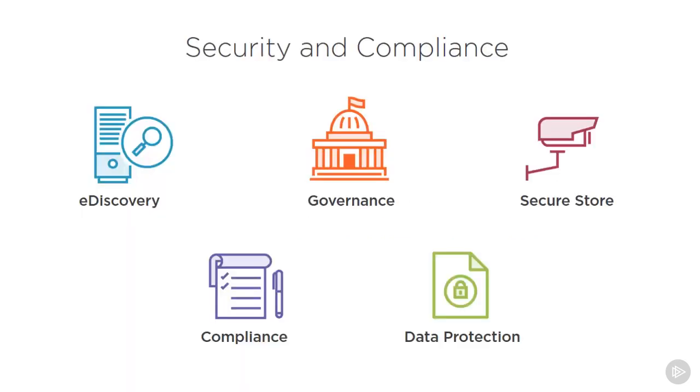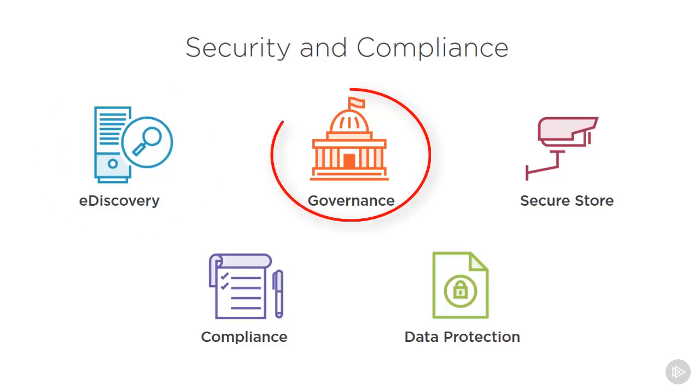So in this module and in the next module, I'm going to discuss these 5 key areas in regards to security and compliance. The first being eDiscovery, which is the process of identifying and delivering electronic information that can be used as evidence in legal cases.